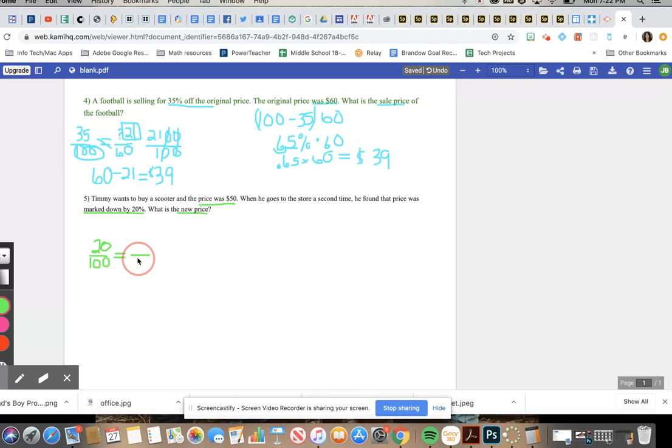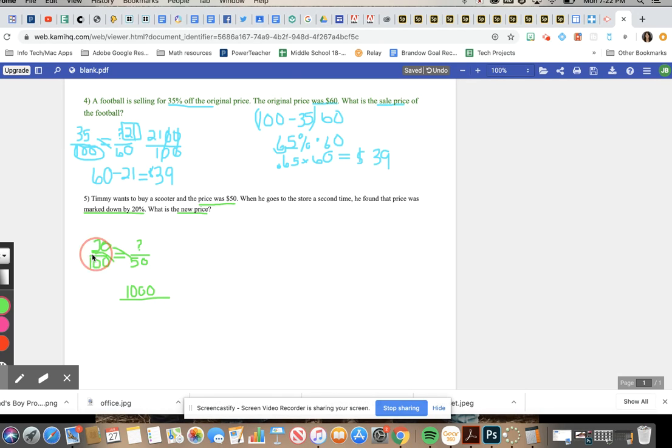$50 was the whole. That's the original amount. We're wanting this guy, how much it is off, and then I'll subtract the original minus that. Okay, multiply across 20 times 50. 2 times 5 is 10. And add my 2 zeros. It's 1,000.